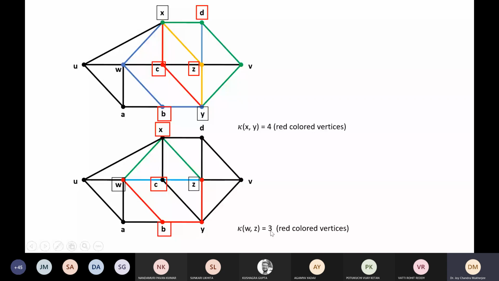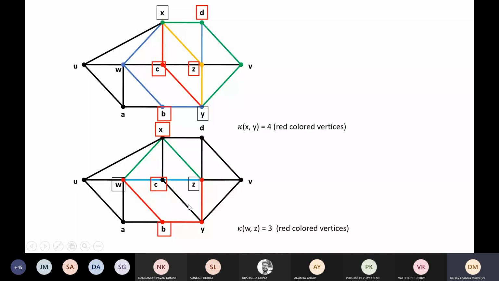So one path is like WXZ, it may be WXDZ also, that is also a valid path, but I choose any one of them. Then one is WCZ directly and this is WBYZ. So these are the three vertex disjoint paths, and these red vertices are basically the WZ separator.